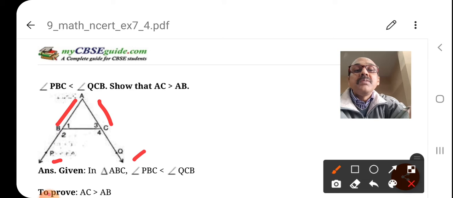PBC, which angle? This is PBC. PBC is less than QCB, this angle. That means QCB is greater than PBC. And we have to show that AC is greater than AB.